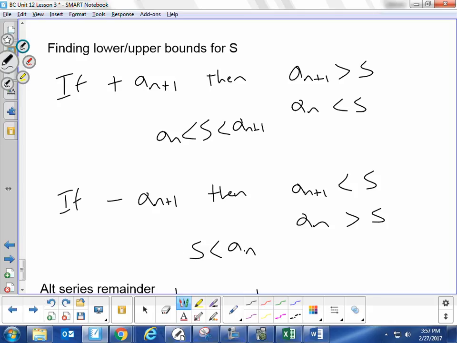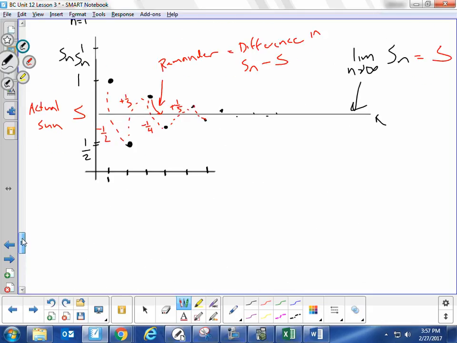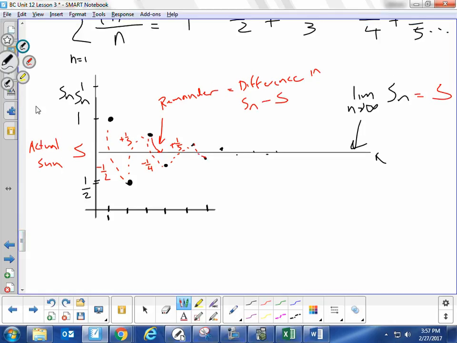A sub n is greater than a sub n plus 1. Okay? That's good. What also do you know? Well, you also know that the remainder that we have between our sum and our partial sum is going to be less than how much I'm subtracting or adding.